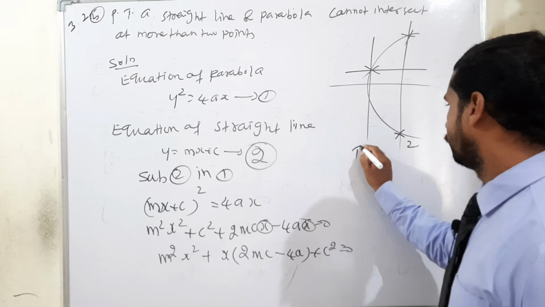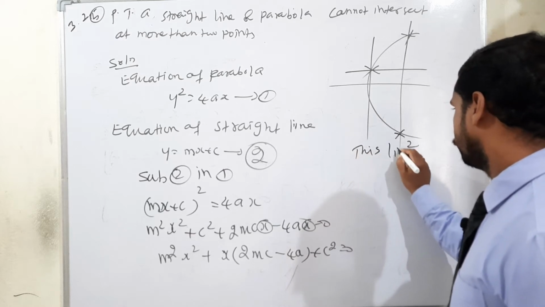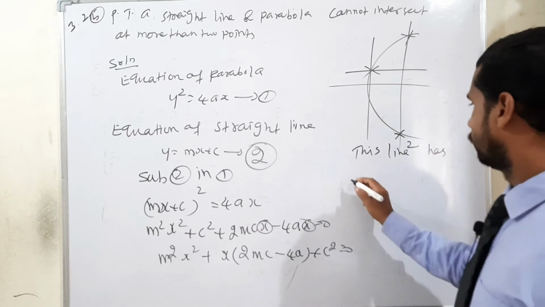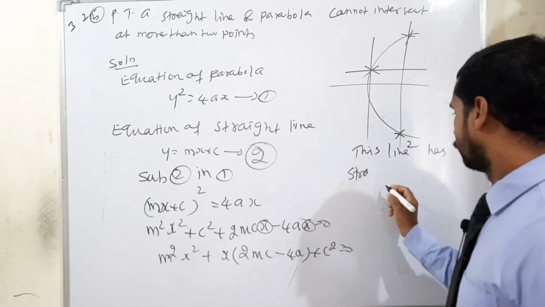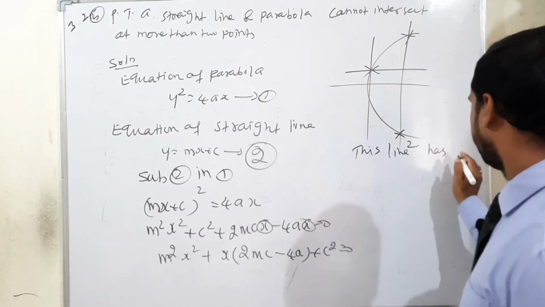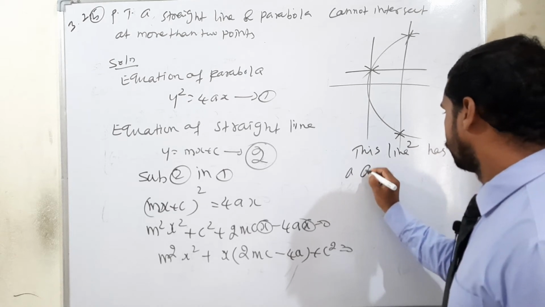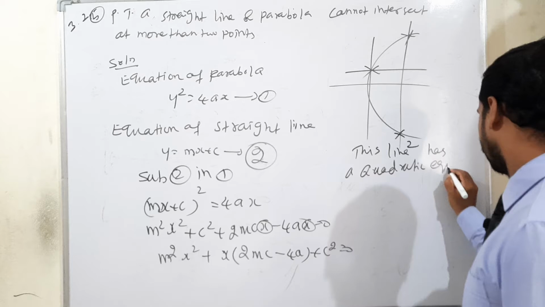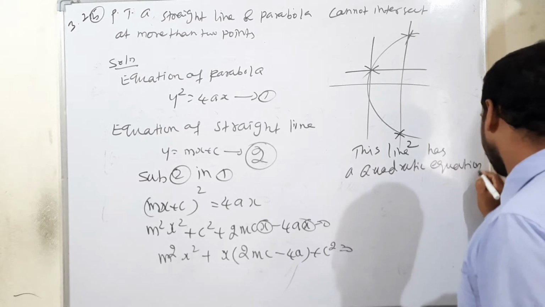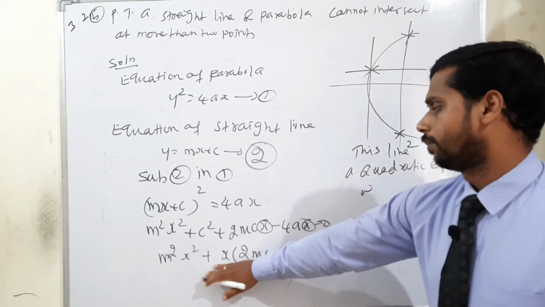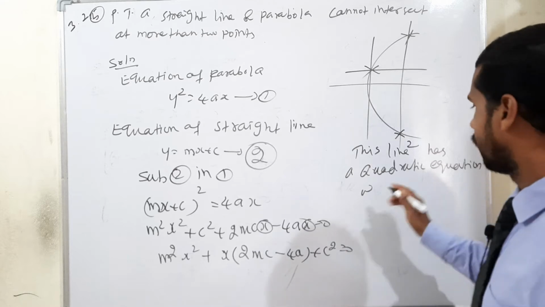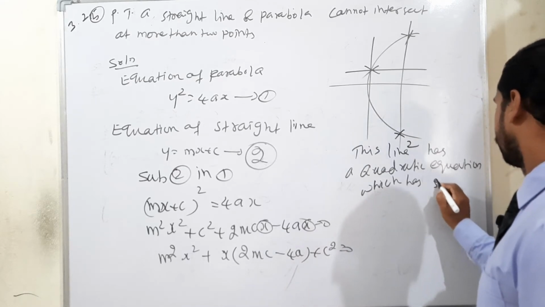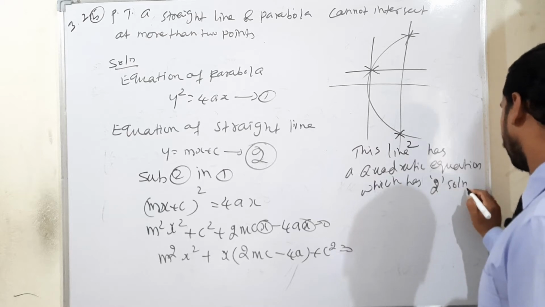So this line has a quadratic equation. From this quadratic equation, how many solutions does it have? Two solutions only.